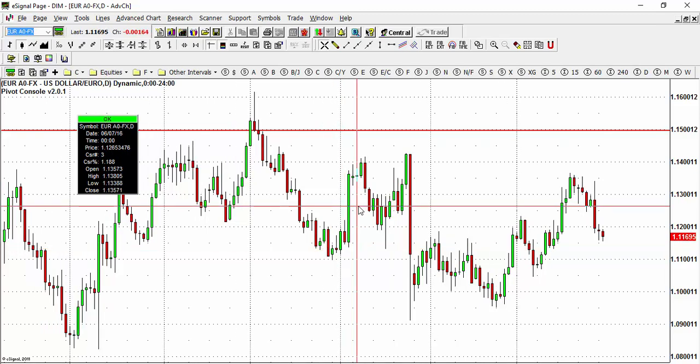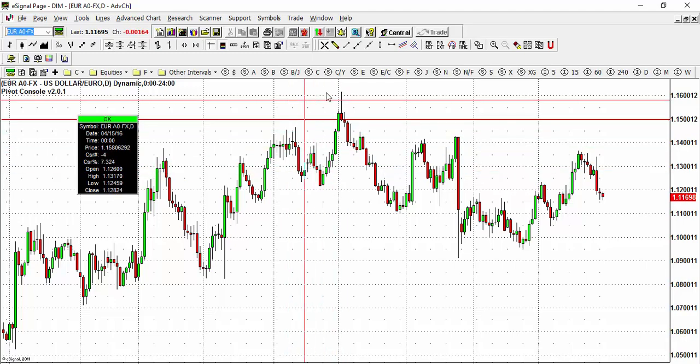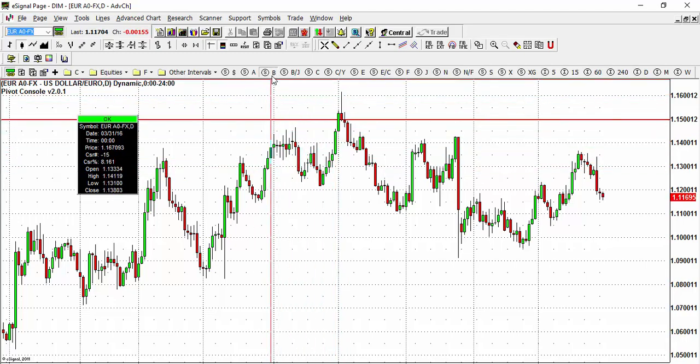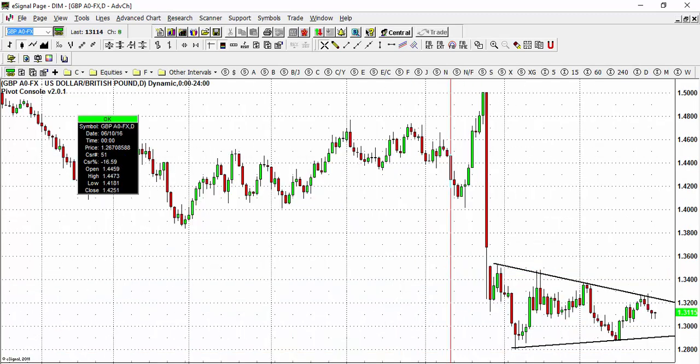Yes, things may seem a bit quiet, but some good moves can still be made even when the markets are moving relatively sideways. Taking a look at the British pound, since we had that major breakdown in the Brexit, market moved down, and we have now entered a triangle.